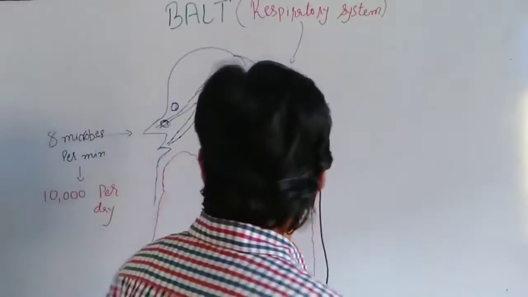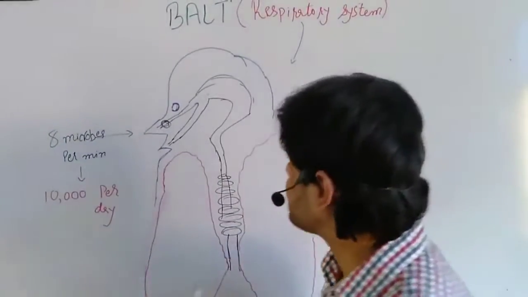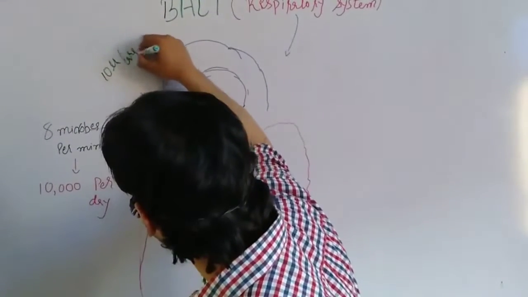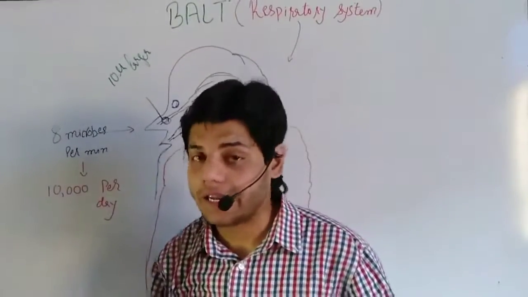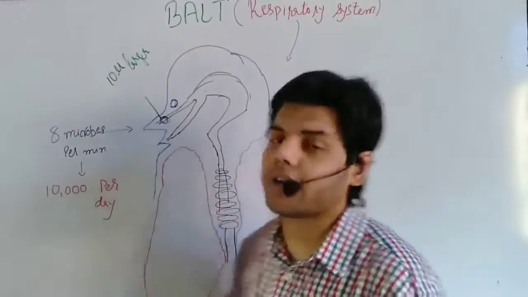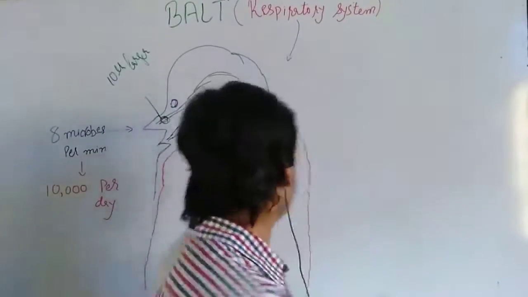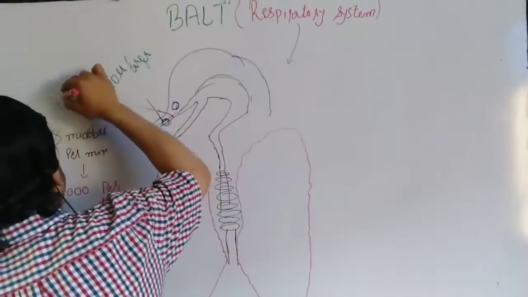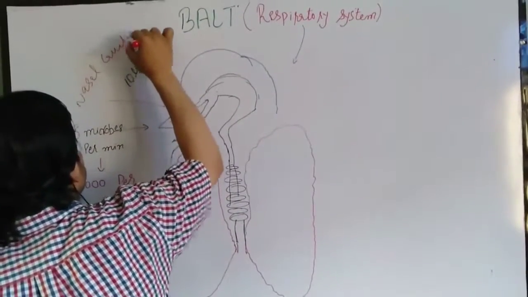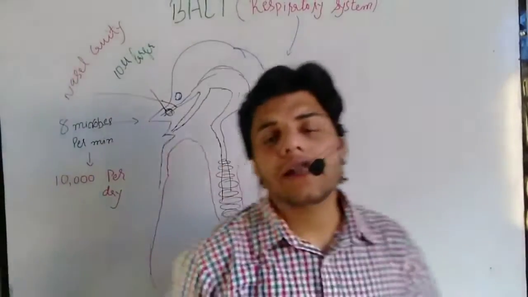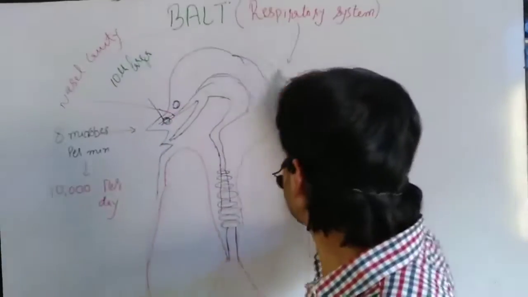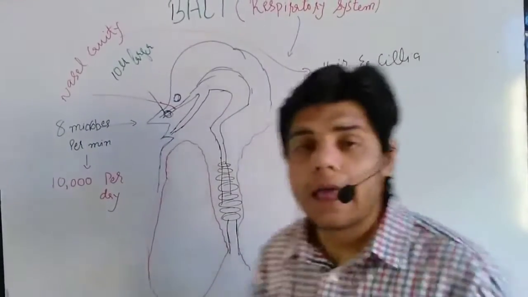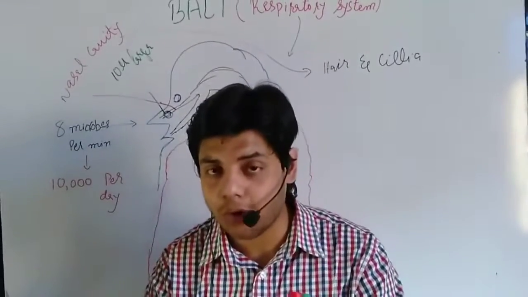Now, when the microorganisms have a size larger than 10 micrometers, they are trapped by the nasal cavity. This area is usually called the nasal cavity. The nasal cavity contains hairs and cilia. This hair and cilia can trap the microorganisms.